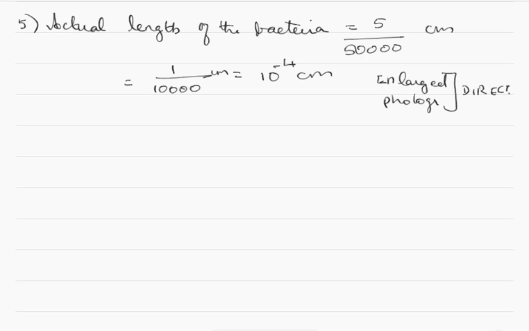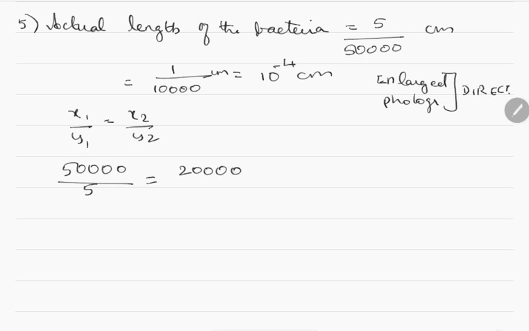So we can use x1 by y1 equal to x2 by y2. 50,000 by 5 is equal to 20,000 by y2, or y2 is equal to 5 by 50,000 times 20,000. y2 is equal to 2.